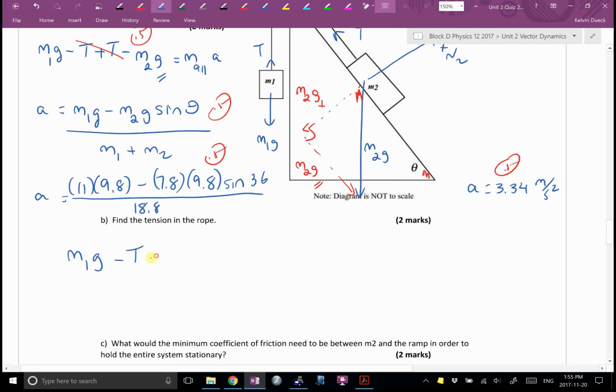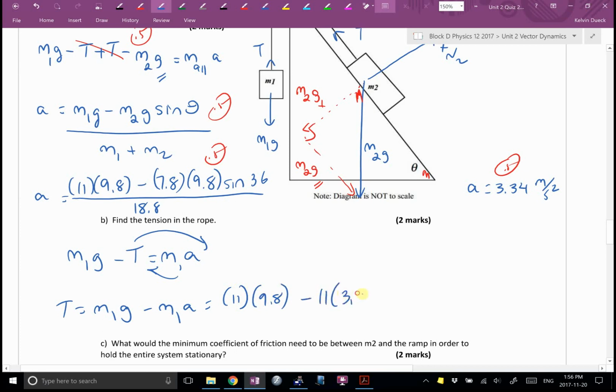M1G minus tension equals M1A. Time for the swappy dance. Tension is going to be M1G minus M1A. What was M1? 11 times 9.8 minus 11 times 3.34.